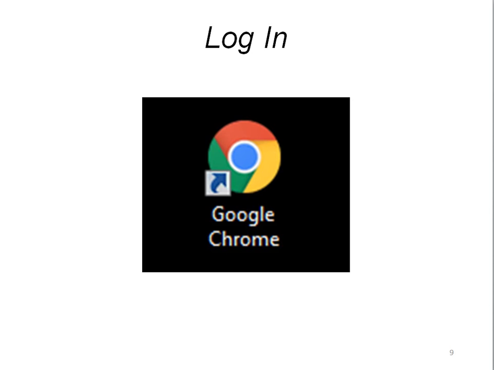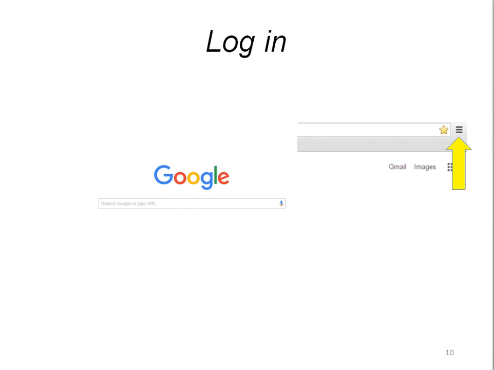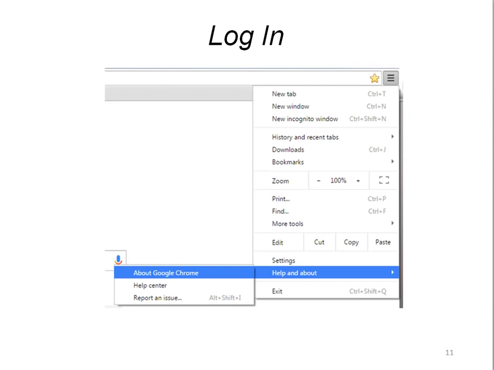Log into Google Chrome from the computer. Click on the 3 lines in the top right corner to see what version of Chrome is installed on the computer. Scroll down to Help and About, and another drop-down list will appear. Click on About Google Chrome, and the version in use should be listed.